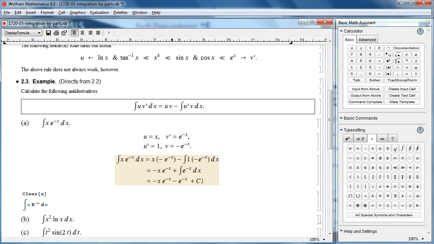Let's go back to this original problem, and you'll notice that we ended up doing 2 antiderivative computations. V prime to v, there goes one computation, and then this becoming that is the second antiderivative computation. Basically, integration by parts allows you to chop down one difficult antiderivative computation into 2 easier antiderivative computations.